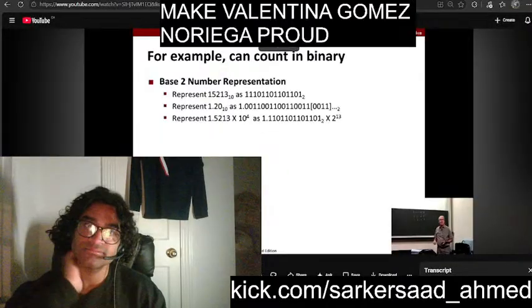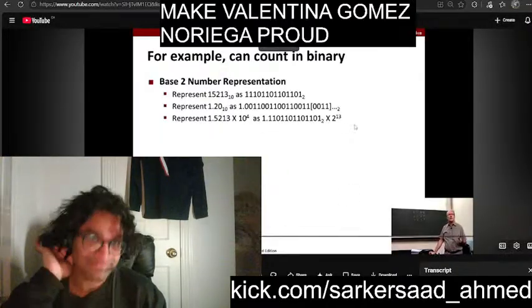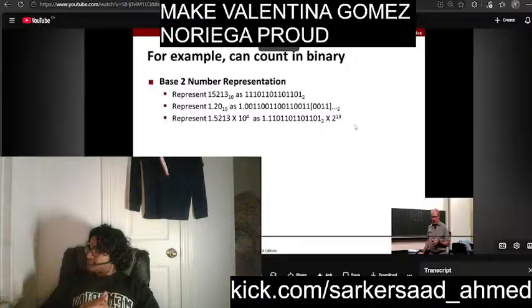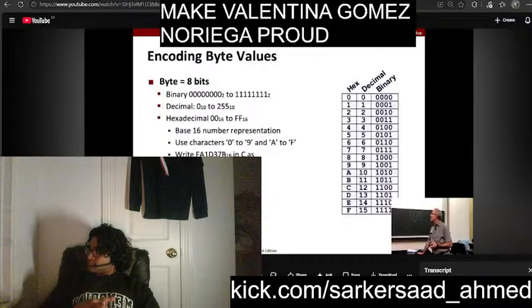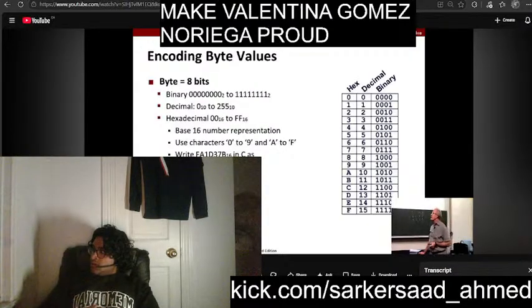Fractions, we can do the binary representation of fractions. And that's the core of floating point number representations. It gets very annoying if you have, say, 32 or even 64-bit numbers to be writing these strings of ones and zeros out.